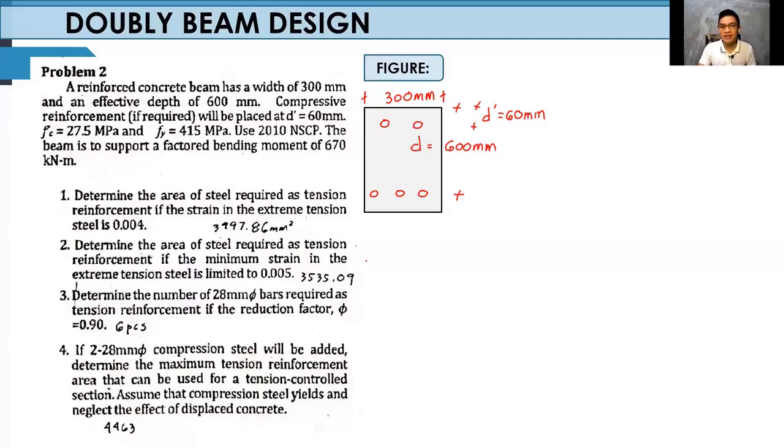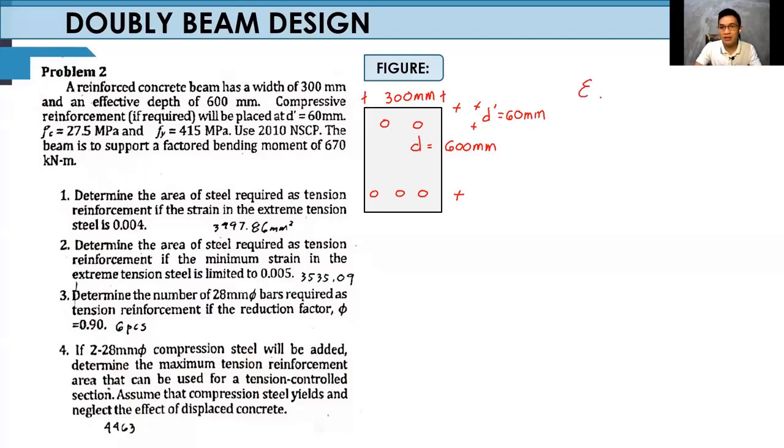So, proceed tayo sa ating number 2 situation. Sabi dito, determine the area of steel required as tension reinforcement if the minimum strain in the extreme tension steel is limited to 0.005. So, kanina and ngayon is the same lang lahat ng process, but mas madali yung number 2 because we don't need to have an interpolation because yung 0.005 natin na epsilon, that is automatically, di ba?